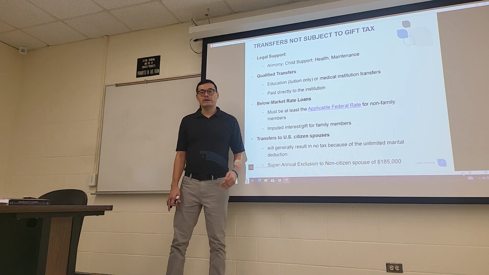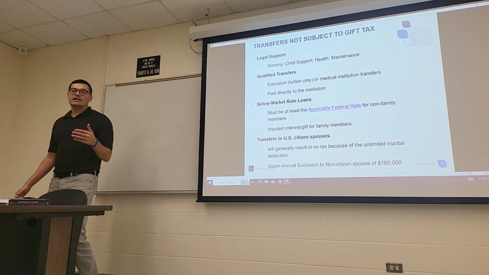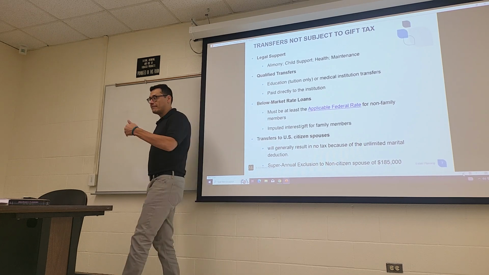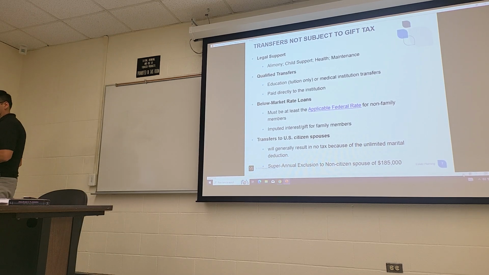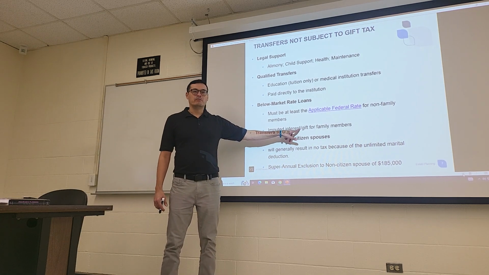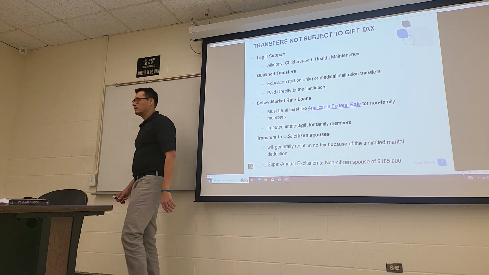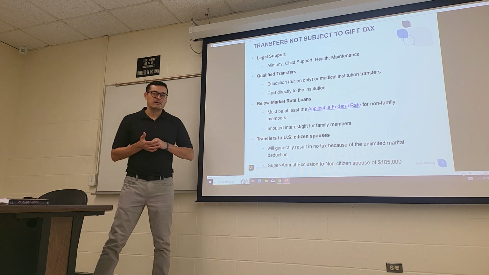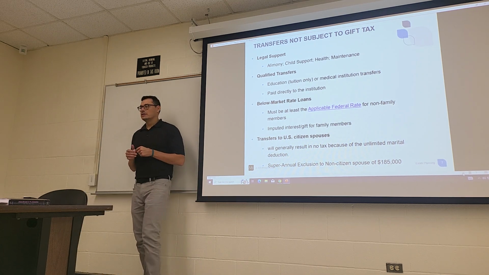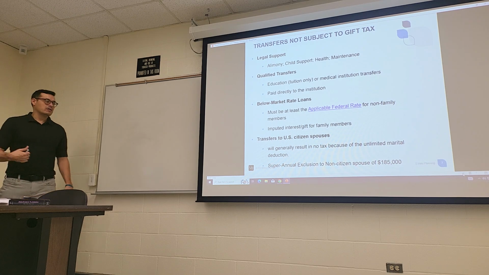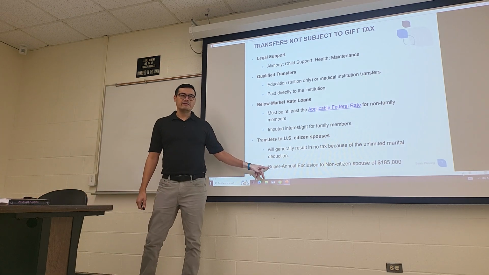So if I give somebody a loan at 5%, but the AFR says it should be 7, I have to use the 7. Now, if it's to family members, sometimes you'll have to impute the interest as a gift, if you give them a below rate loan or don't receive it back. We know transfers to spouses are exempt because of the unlimited marital deduction, as long as your spouse is what? A U.S. citizen. For non-U.S. citizens, you have what they call a super annual exclusion, where you can give $185,000 every year.